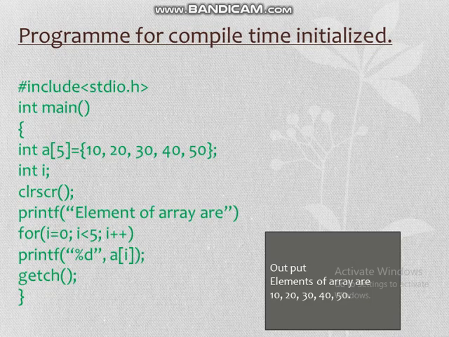This one dimensional array, we call compile time initialization. It means we are not entering it from the keyboard; from the start of the program the values are entered, so we call it compile time initialization. Whenever we declare these values, they are stored. Then you can see the output: elements of the array are 10, 20, 30, 40 and 50.